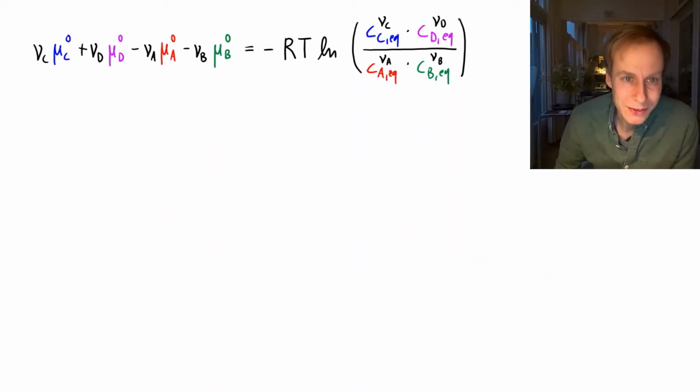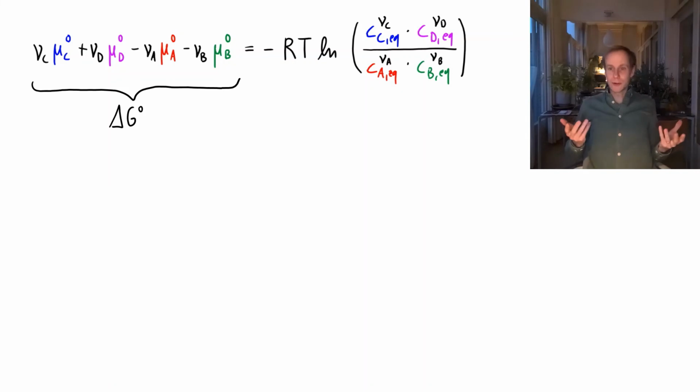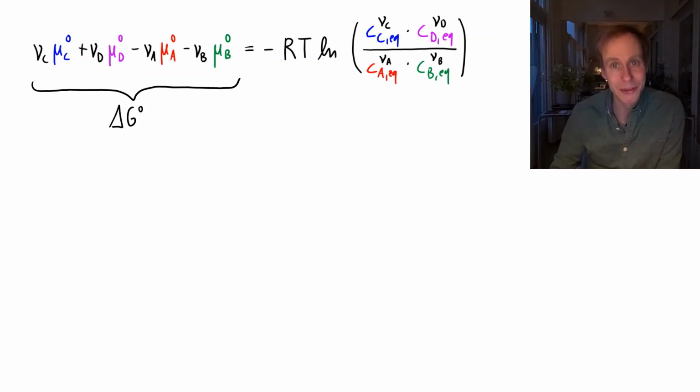So what this formula teaches us is that here the left side is only composed of chemical potentials at standard states. So this expression actually corresponds to the Gibbs free energy change at standard conditions.